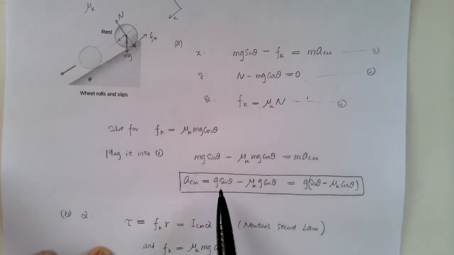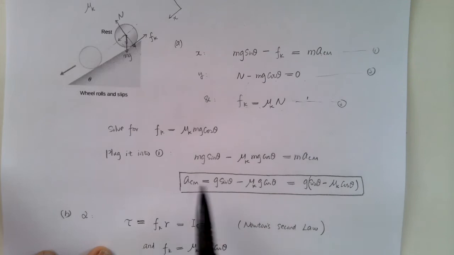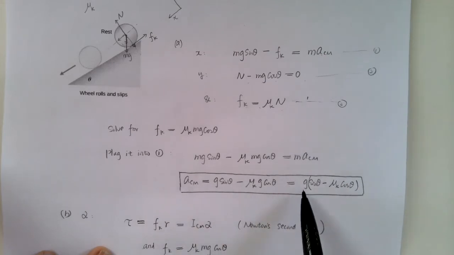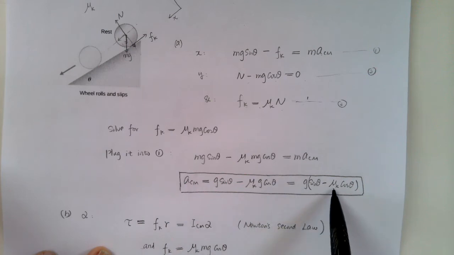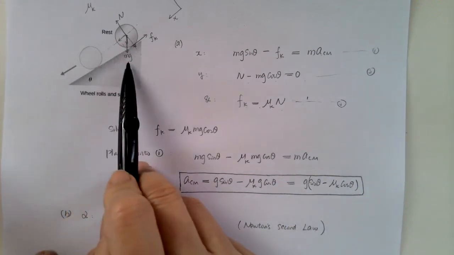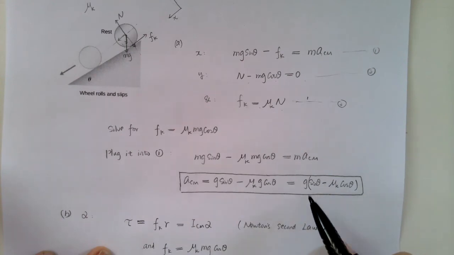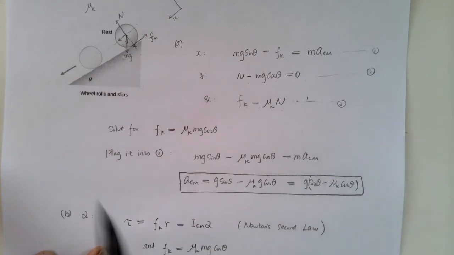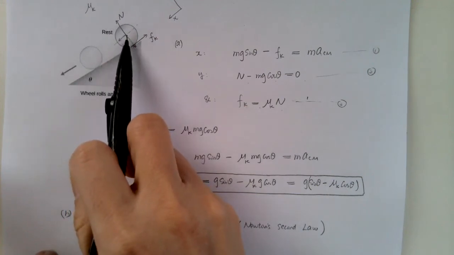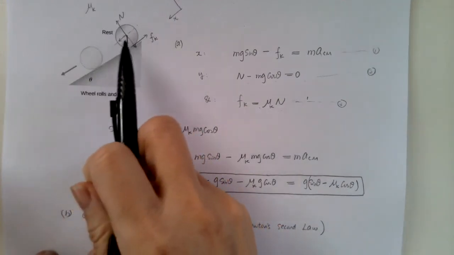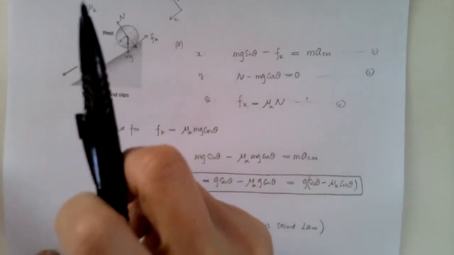For this one, I want you to pay attention. See, the linear acceleration of the center of mass only depends on what? The angle of the inclined surface theta and mu sub k. g is a constant. It has nothing to do with how big the cylinder is, the R, or what the mass is, or what its center of mass is.